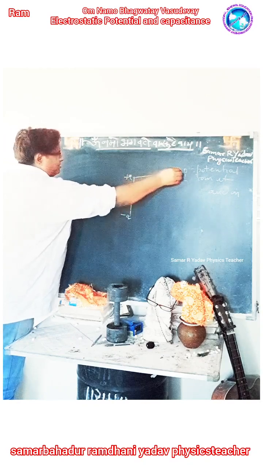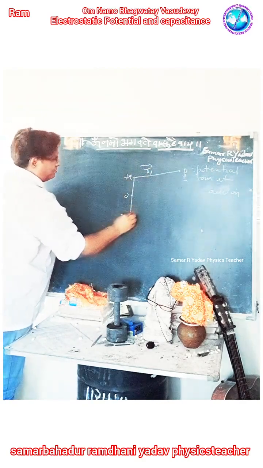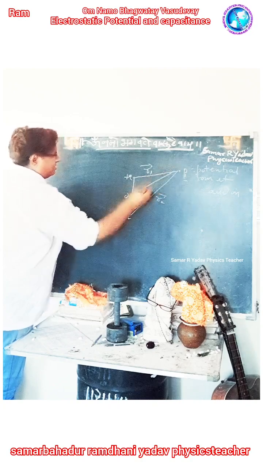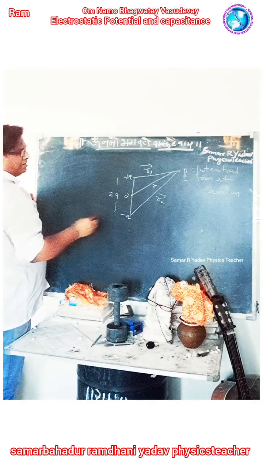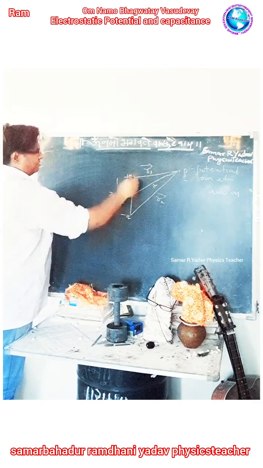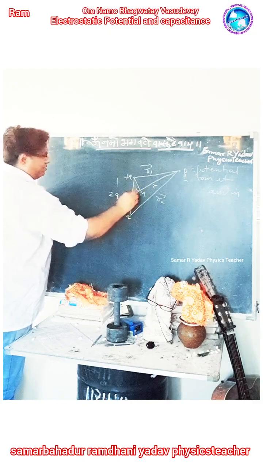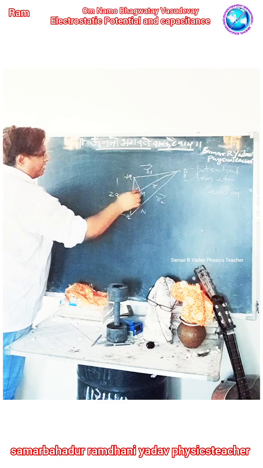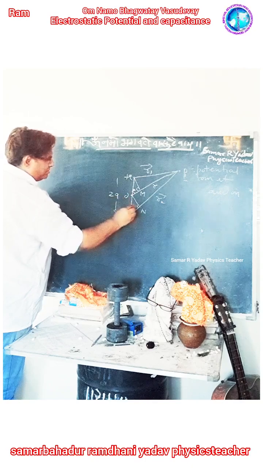The position vector of point P from the positive q charge is r1, from the negative q charge is r2, and from O is r. The dipole length is 2a. Now a perpendicular is drawn from plus q on OP, at 90 degrees, and it intersects at M. A perpendicular is drawn from O on minus q P, that is N. Now angle plus q O M is theta, and here angle O minus q N is also theta.